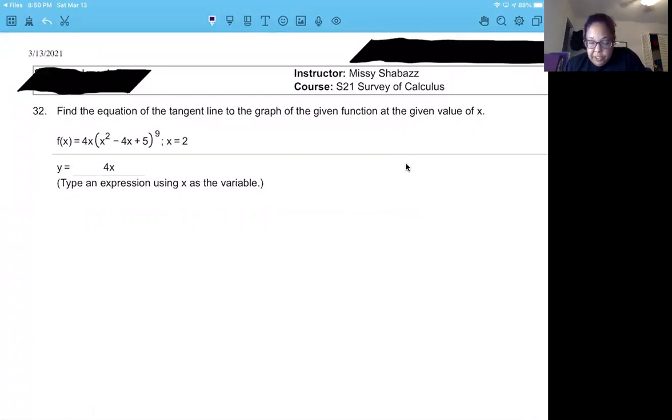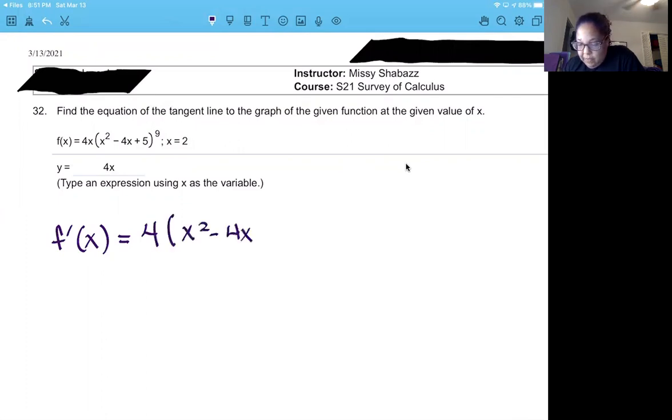So the derivative, the first is going to be 4x. The second is going to be the x squared minus 4x plus 5 to the ninth. All right, so the derivative of the first, the derivative of 4x, is 4 times the second, which is x squared minus 4x plus 5, plus the first, 4x, times the derivative of the second.